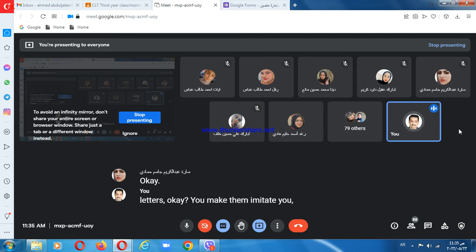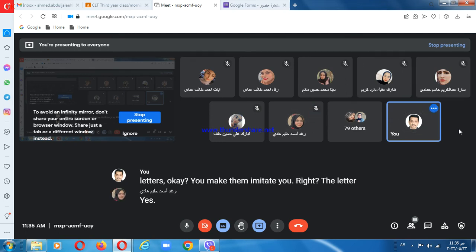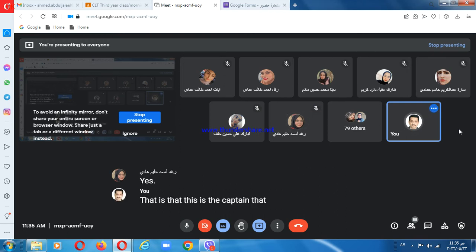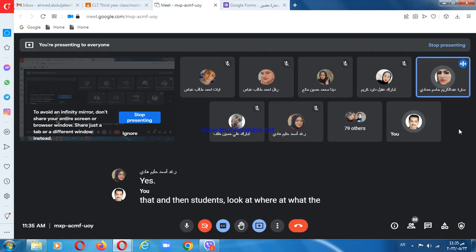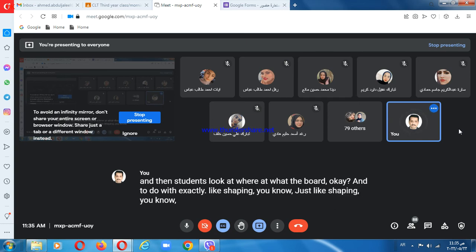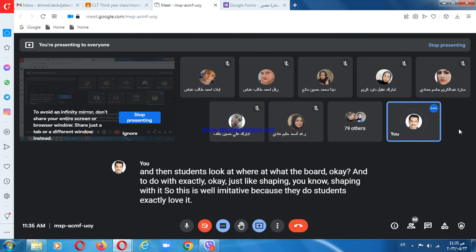Write the letter P. Okay, that is the capital letter P, and then students will look at the board and do it exactly, just like shaping the letter. So this is what imitative is, because students do exactly what the teacher is doing.